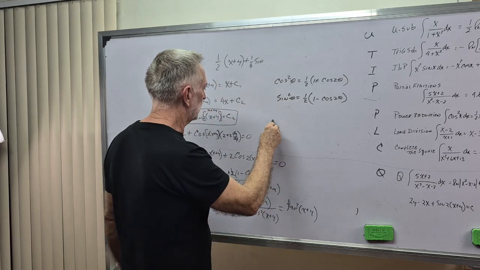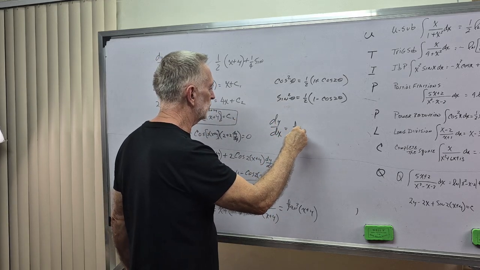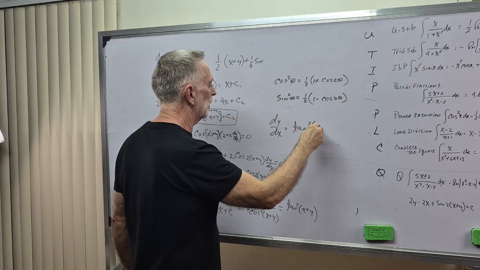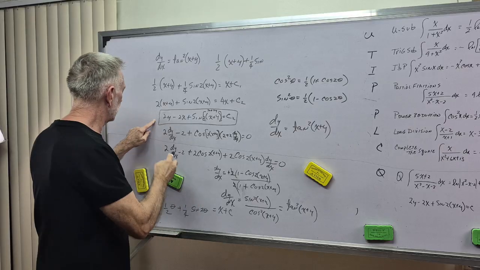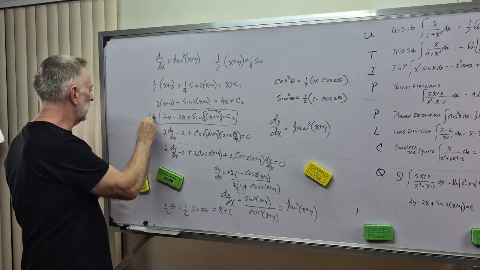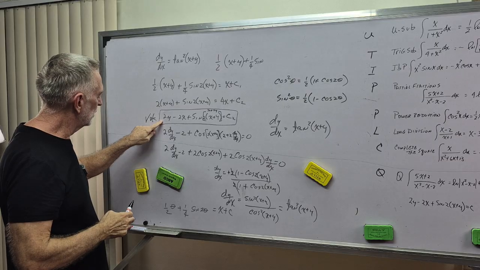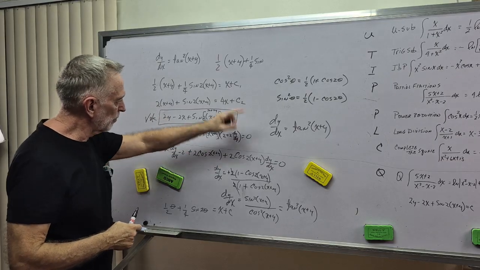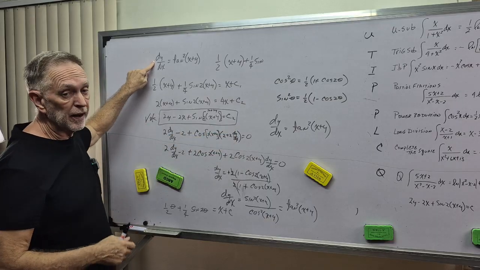So we ended up with dy/dx equals tangent squared(x plus y). So that confirms that this was okay. That was a correct solution. The general equation, if you go back through the derivative, implicit differentiation of that, you get that derivative.